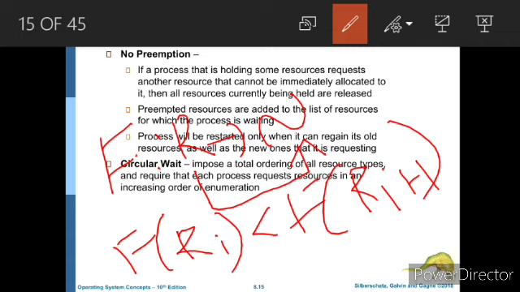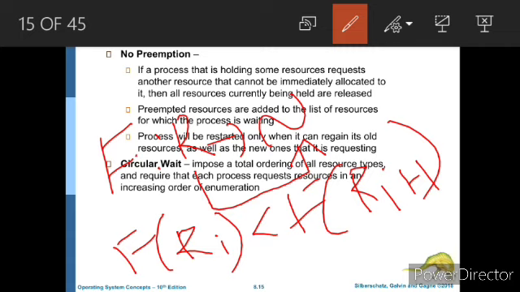Consider there are n plus 1 processes, that is P0 to Pn. Pi is waiting for the resource Ri, which is held by Pi plus 1.